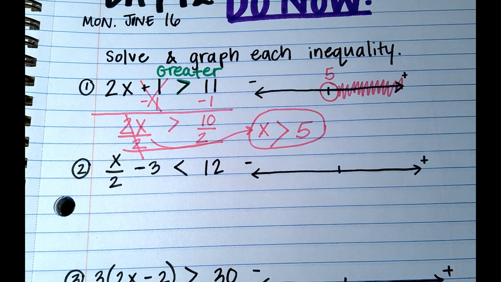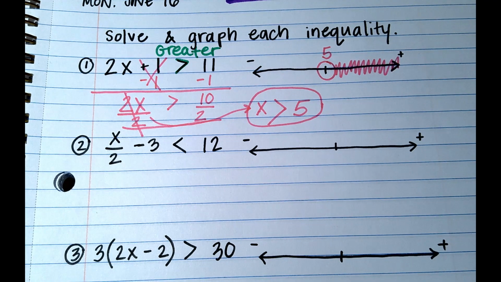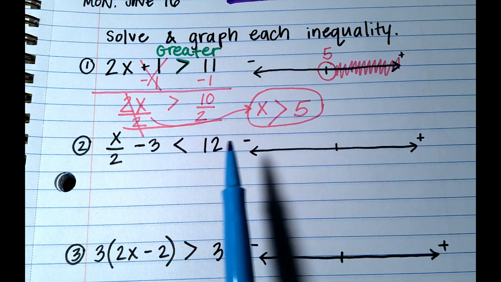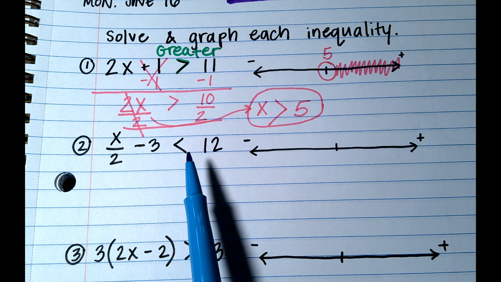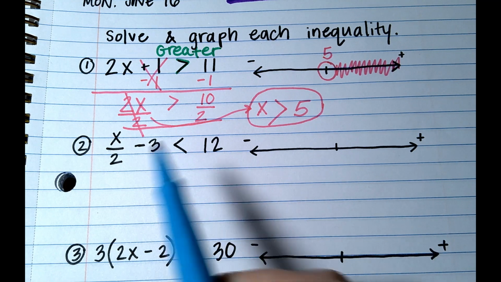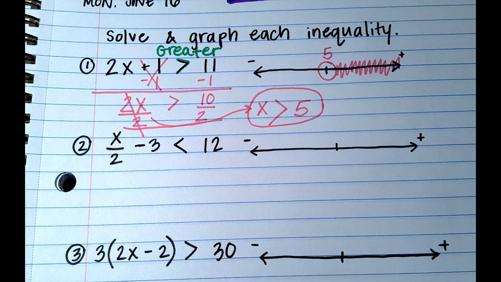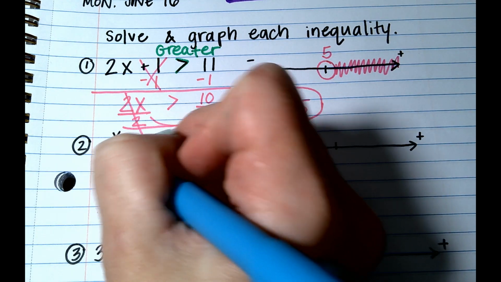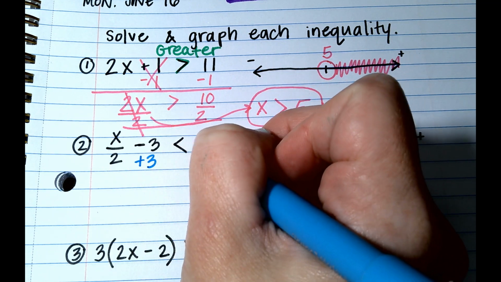Okay. Let's look at number 2 then. Now I have x over 2 minus 3 is, what's that sign? Less than 12. So I want to solve first. How should I begin? Yes, plus 3 on both sides.